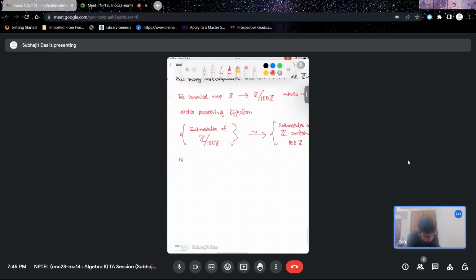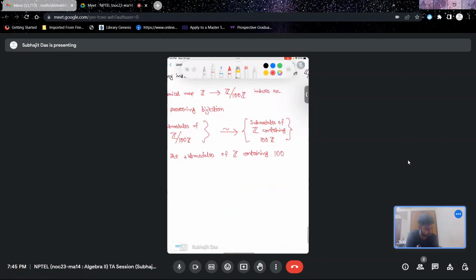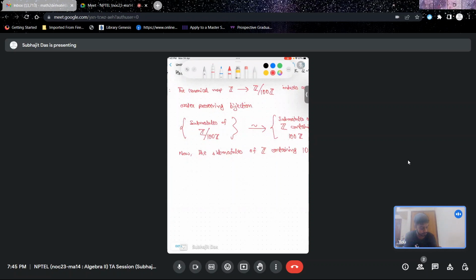Now the submodules of Z containing 100Z are Z, 2Z, 4Z.